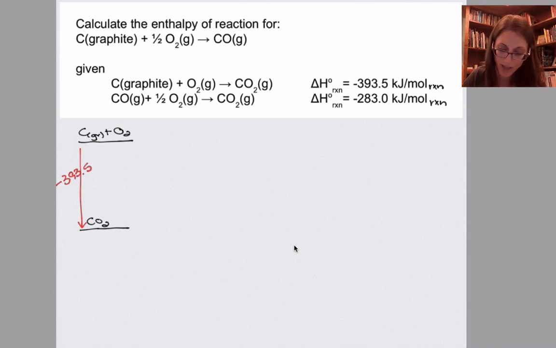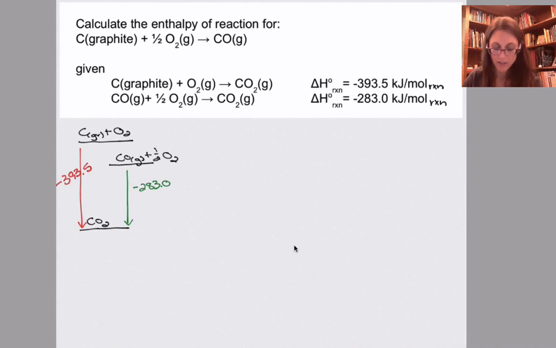And I know that carbon monoxide and oxygen have an energy difference that is 283.0 kilojoules per mole, reaction as written. And so what I want to find is just this difference in energy here.